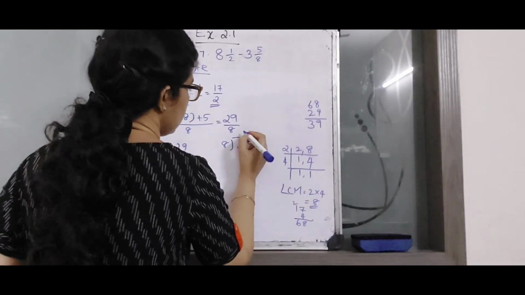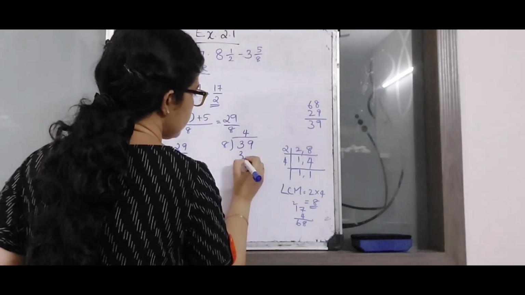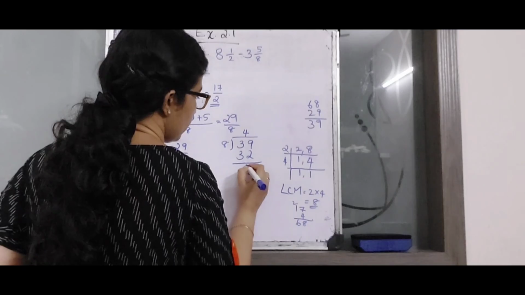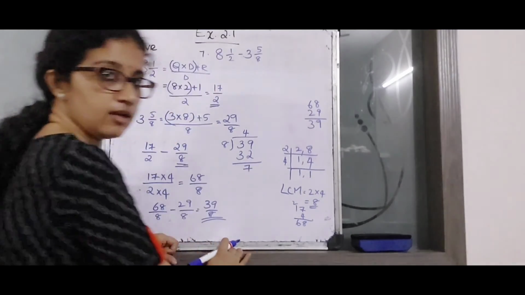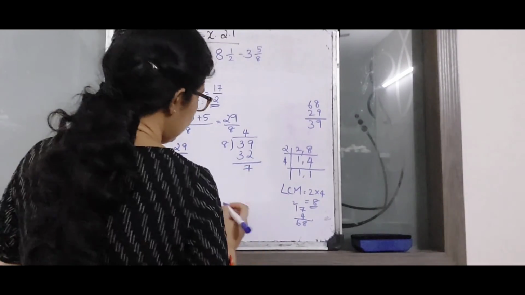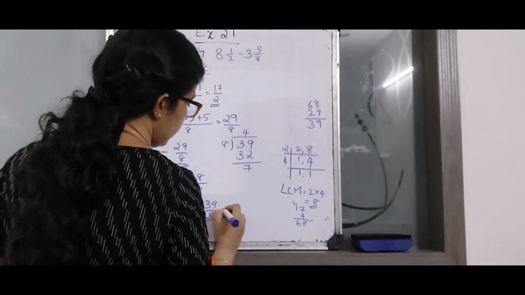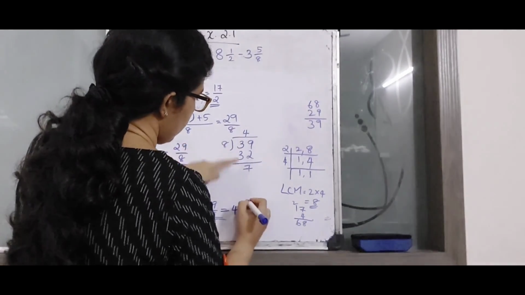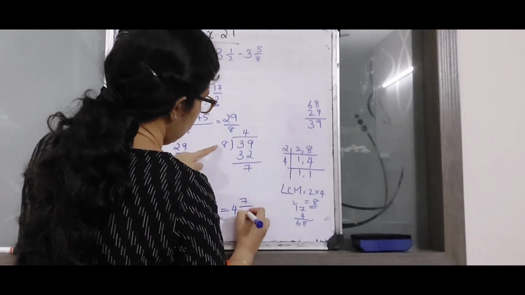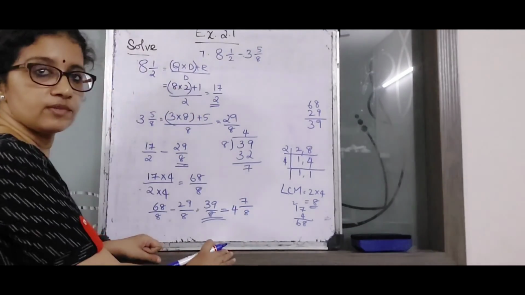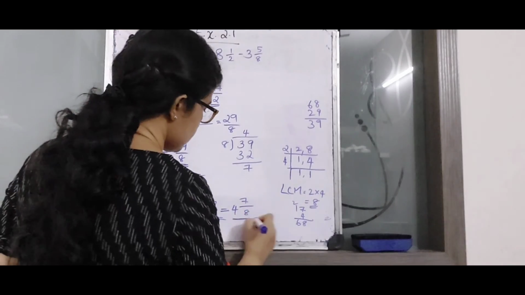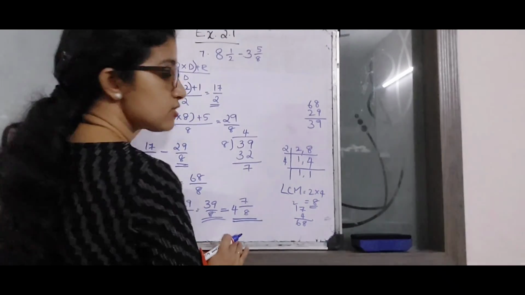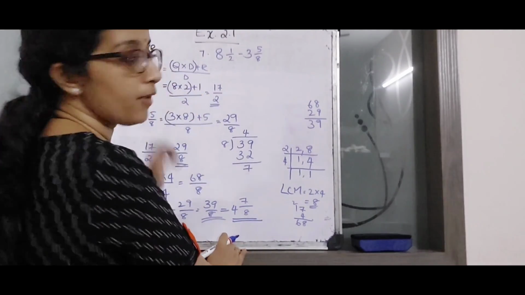Okay? 4 8s are 32. So the balance is 7. Okay? So how can we write it? 39 by 8 can be written as, quotient is what? 4, 7 by 8. Okay? So this is the answer for the last question in exercise 2.1.